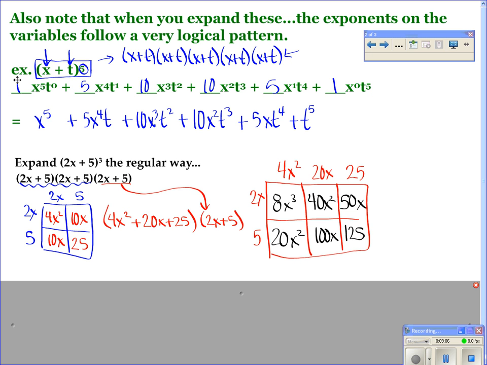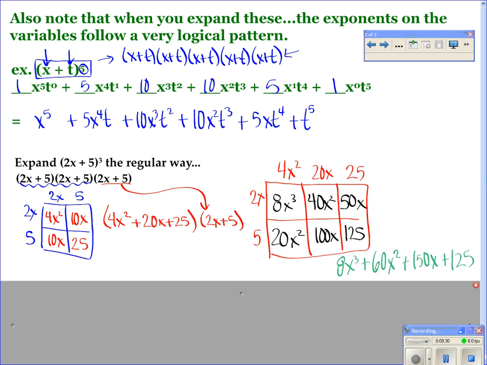So our answer will be what? Plus 60x squared. Okay, so we got that after multiplying all that out.